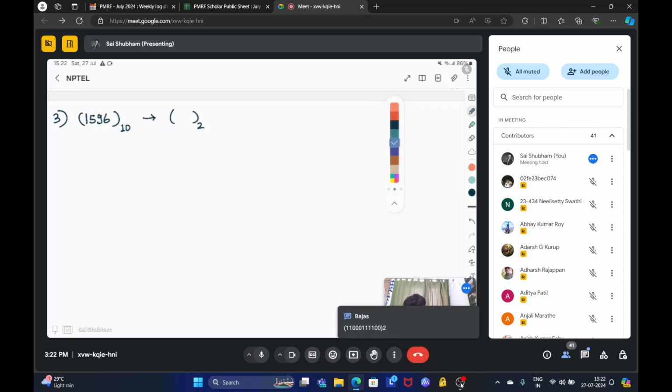So there are a couple of different methods to achieve this. This is 1596 and the closest power of 2.